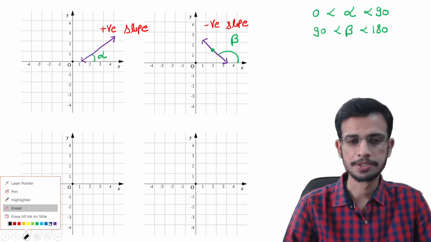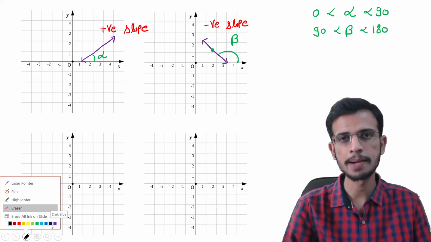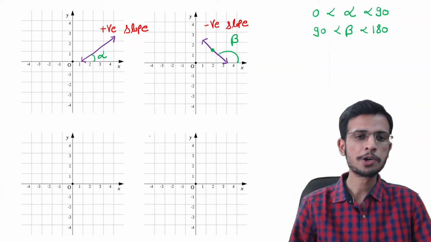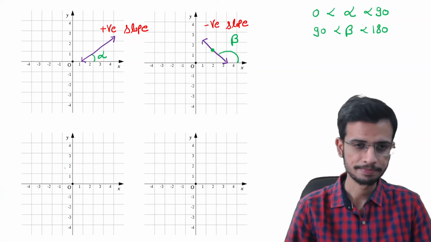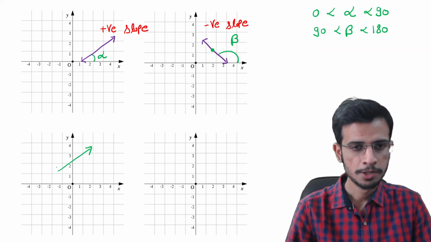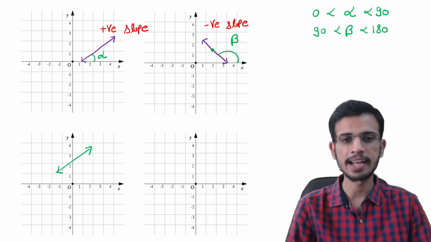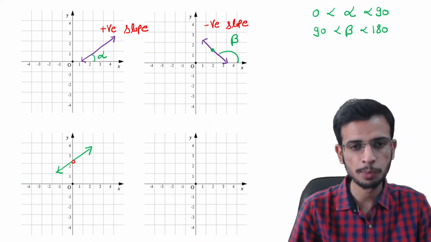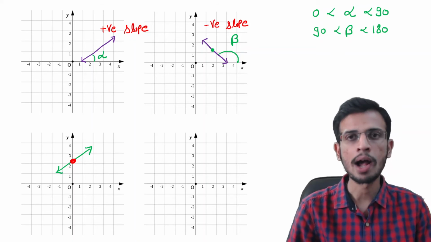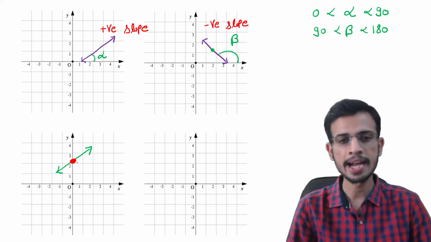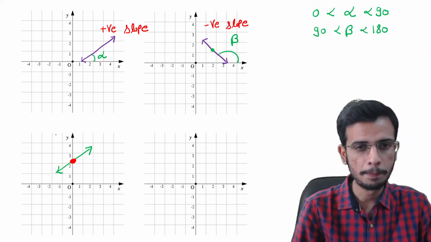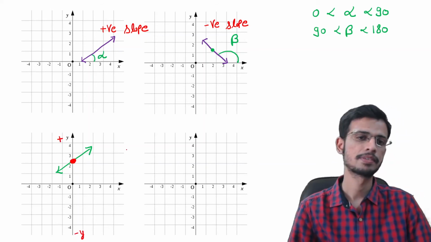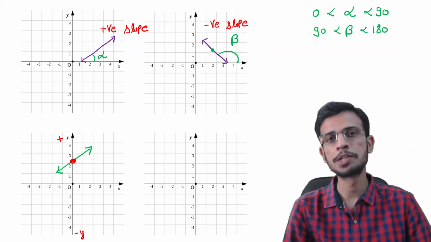What about intercepts? What about positive x-intercept and what about negative x or y intercepts? So if I draw a line like this, it cuts the y-axis at one point, right? It cuts the y-axis at this point. This is called y-intercept, and this is on the positive y-axis. You can say this line is having positive y-intercept.